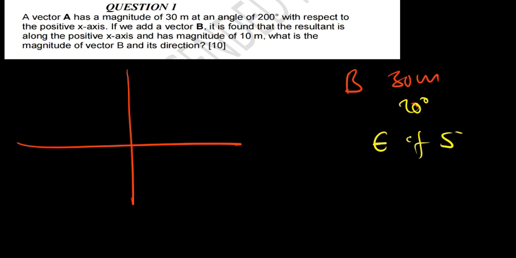Okay. So last time, if I'm saying northwest, what did I say? The angle is in between north and west. So which angle is in between these two?